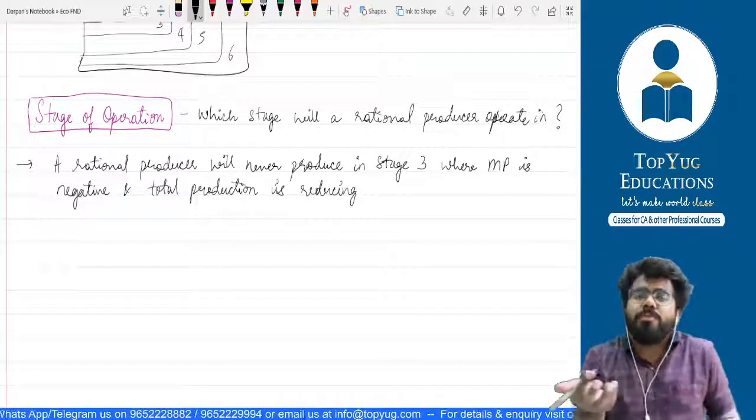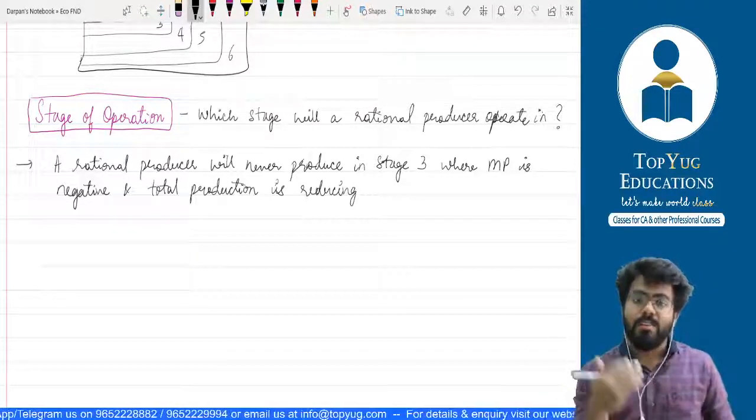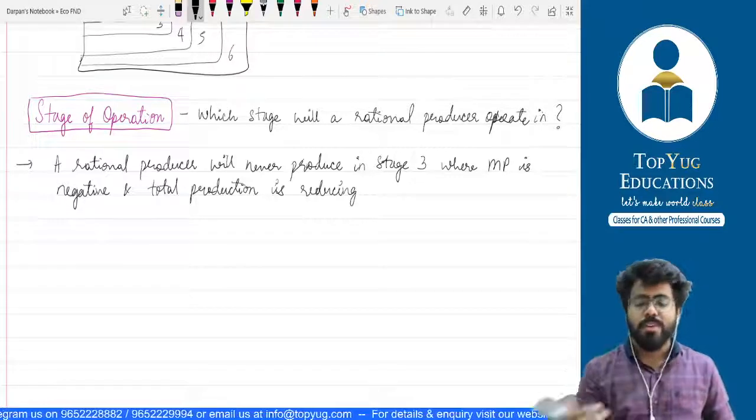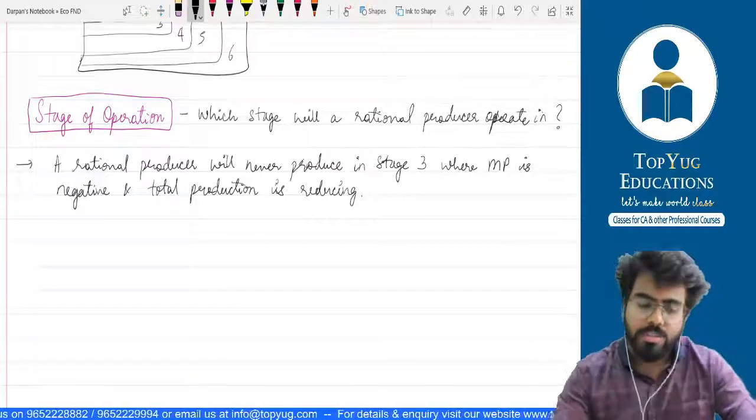Right? With an additional unit of labor, total product is reducing. Even after employing extra labor, production is reducing.